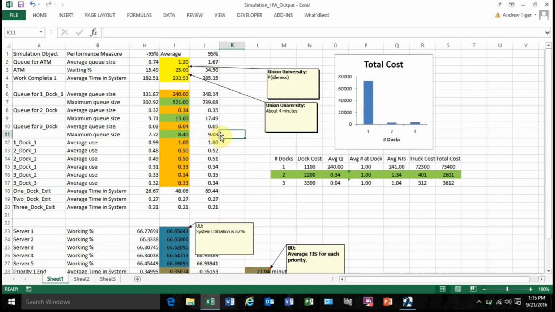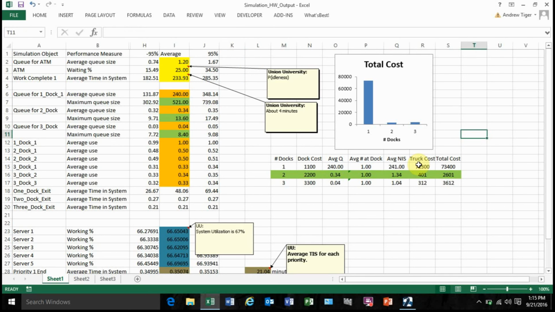For problem 2, the average queue size for 1 dock is really big. When you have 2 docks, the average drops significantly. Now that's the maximum queue size that I get. And then for 3 docks, it's really small. But when you do the economic analysis over here, so here's the cost of the docks, here's the average queue size and the average number at the docks, the average number in system, just add those up.